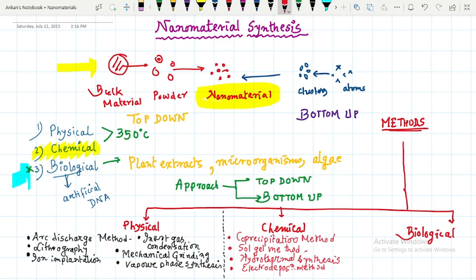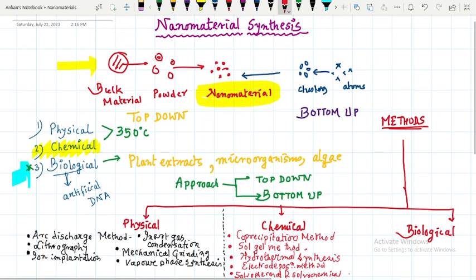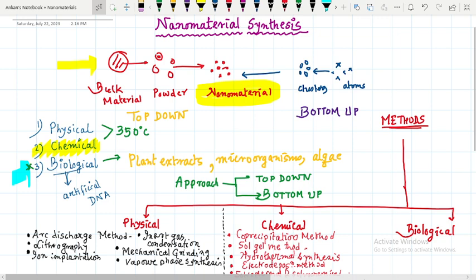Okay, here I put this term, solvothermal and solvochemical synthesis. So these are some procedures involving the chemical methods.